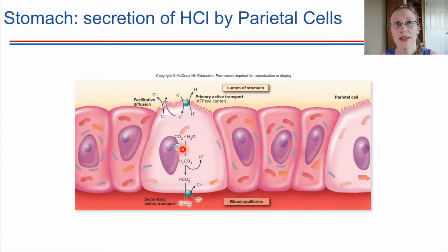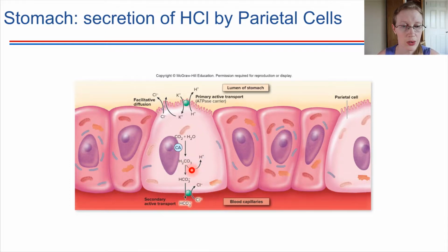Carbonic anhydrase, this is one we've met before. This was the enzyme that produces bicarbonate, right, which is the major buffer in blood. So what happens is carbon dioxide and water produce carbonic acid. The proton from that carbonic acid, that's one of the protons that we can then pump into the lumen of the stomach. Okay, so that's where the proton comes from.